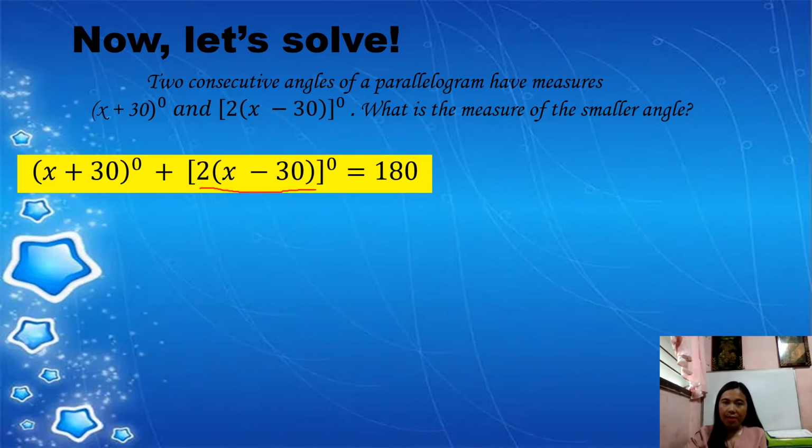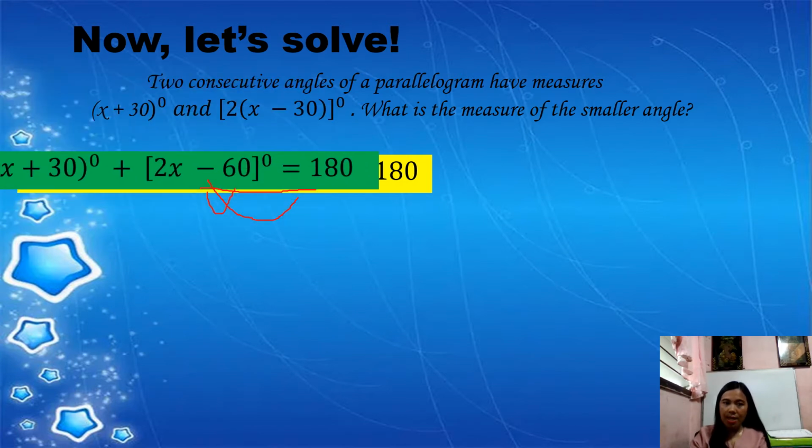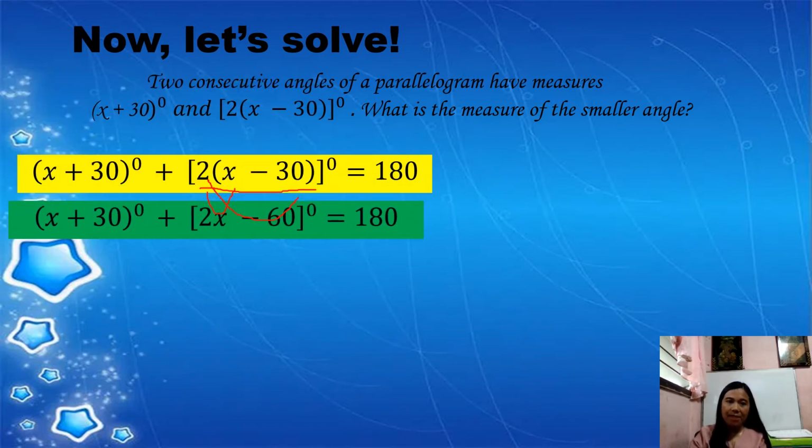We have to distribute: 2 times x is 2x, while 2 times negative 30 is negative 60. So we will have x plus 30, just copy it, and then 2x minus 60.